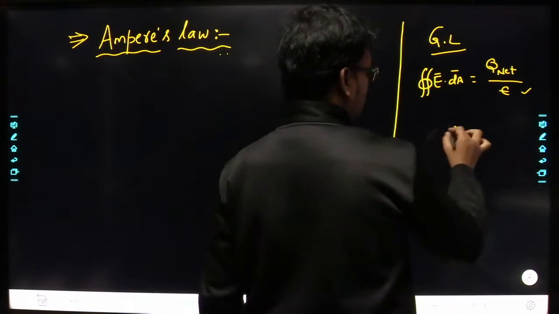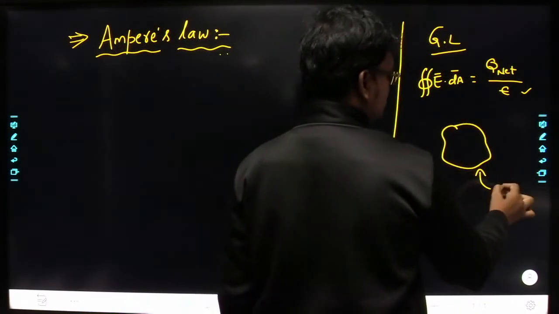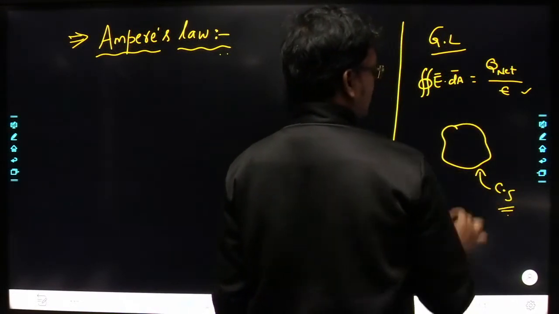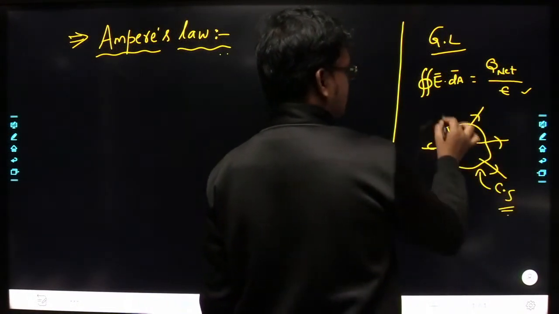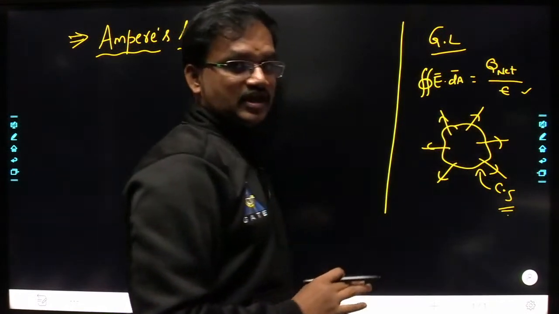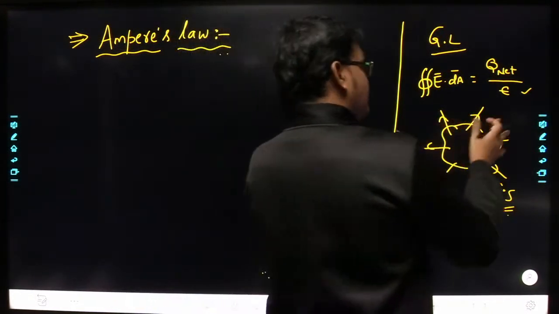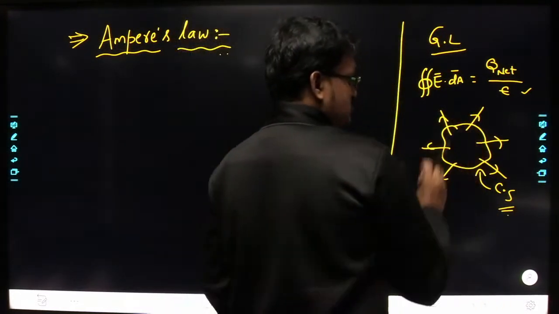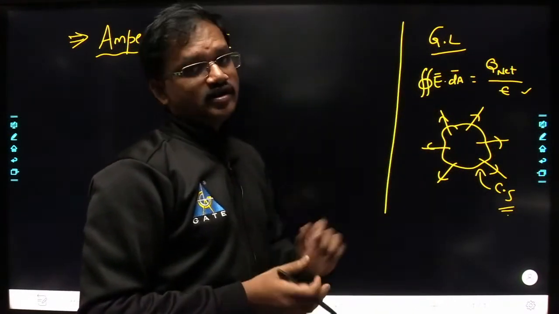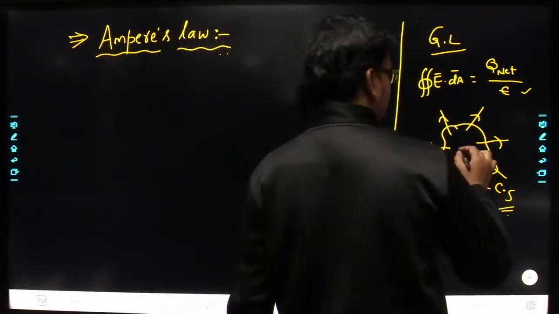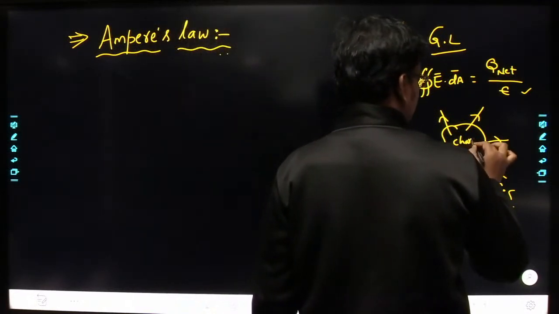So if you have a closed surface and electric flux is leaving it, then inside this closed surface there must be a source of that electric flux. So what is the source of electric flux? That is nothing but charge.